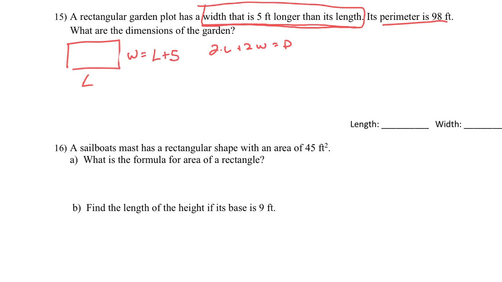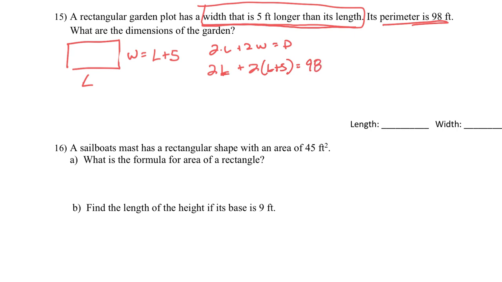So now I could say 2 times the length plus 2, and instead of using W as my variable, I could use L plus 5 because I know that W is equal to L plus 5. So right here. In changing it to L plus 5 instead of W, now I only have one variable, L. And then our perimeter, it says, is 98.